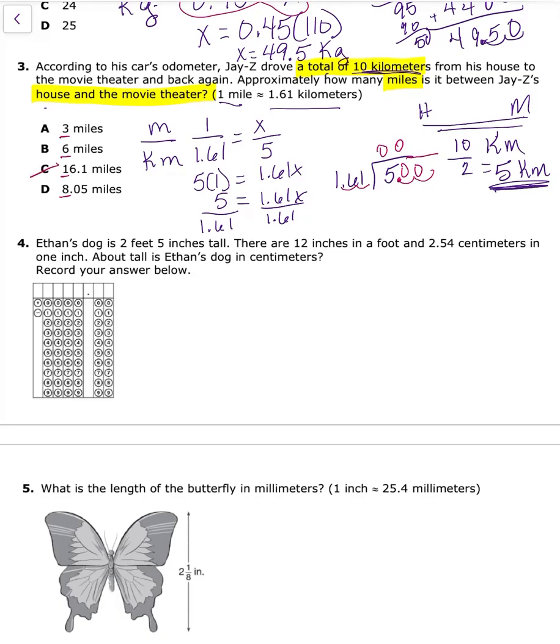So I have 3 other choices. I have a 3, 6, or 8. Well, it's going to go 3, right? Because we know that 5 would be the most that could go in 500, but that's too big, so it's got to be less than 5. So I love it when we have answer choices. So it's 18.